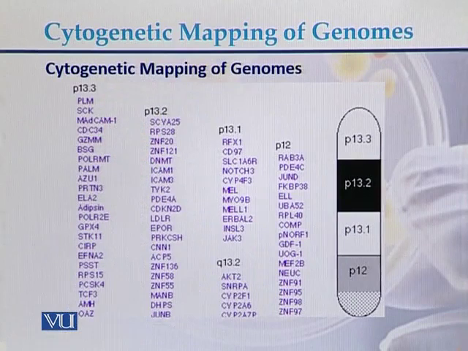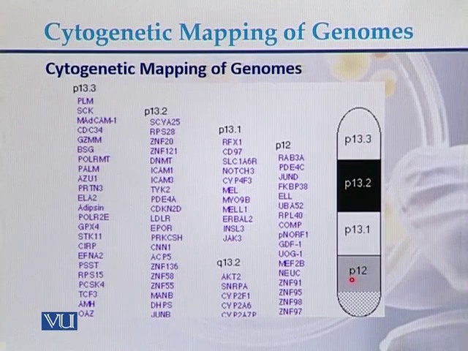This is the pictorial view of the cytogenetic map of the genome, in which we can see different stained fragments of the chromosome, that is P12, P13.1, P13.2, P13.3. So these are the dark and light bands.